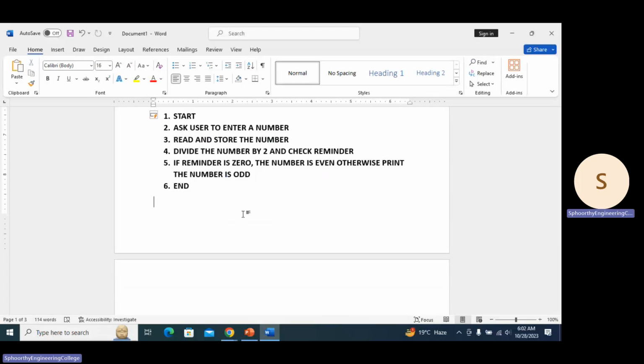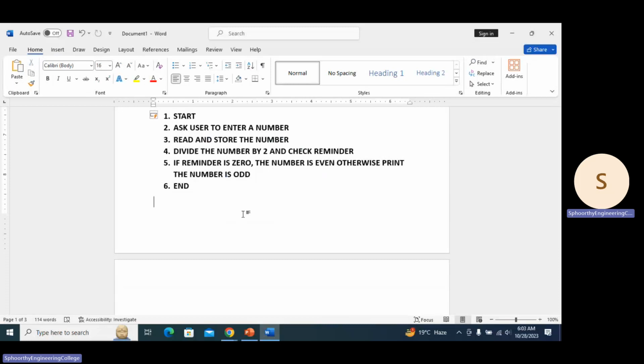The same procedure will be applied to write a program using other languages like C++, Java, Python, or any other language. So the code will change depending upon the language which you are using, but the algorithm remains the same, right?